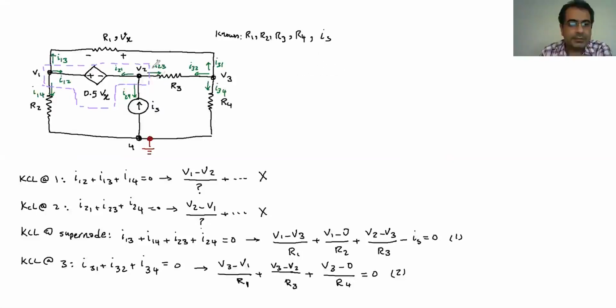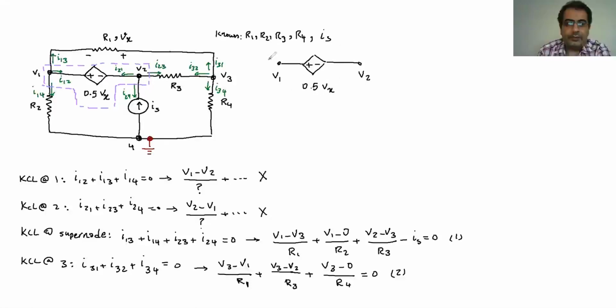Assume I'm going to just grab these things and bring it out. So here it's going to be V1, and then I have the sources, and I have V2. So it's V1, V2, plus, minus, 0.5 Vx.